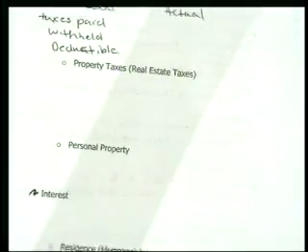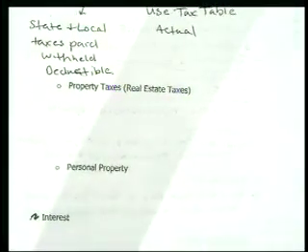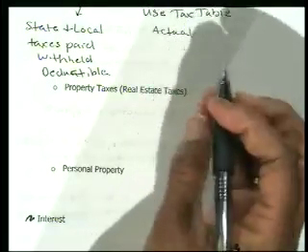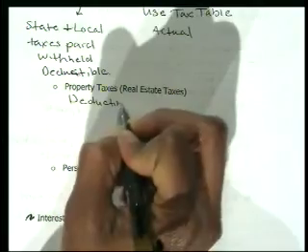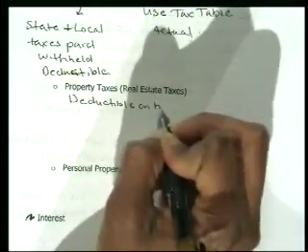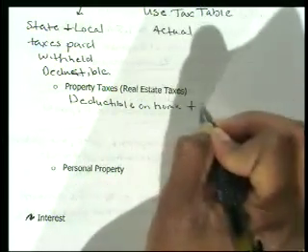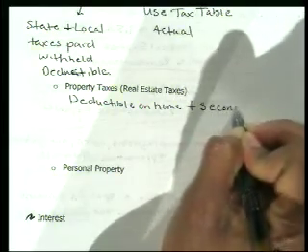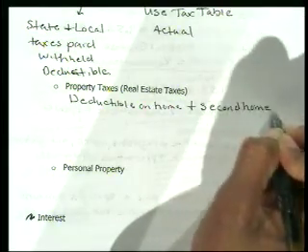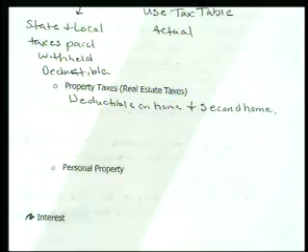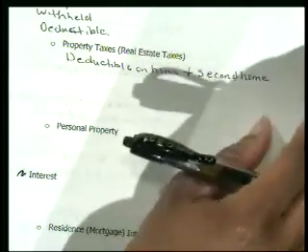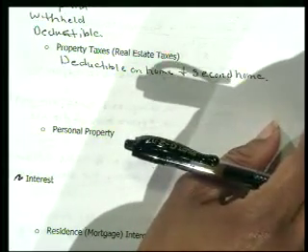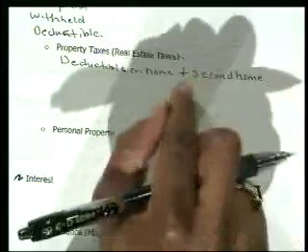Okay, so we want to move on to property taxes, which is your real estate taxes. Okay, they're deductible on your home and a second home. So that's why we were talking about when you had that home that was that rental, a rental split.